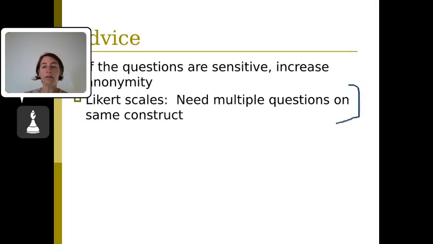And also, very importantly, this is probably one of the most important things I'm going to say in this video. If you are trying to measure a construct with a Likert scale, you will need several Likert scale questions that you then average together into that one construct.